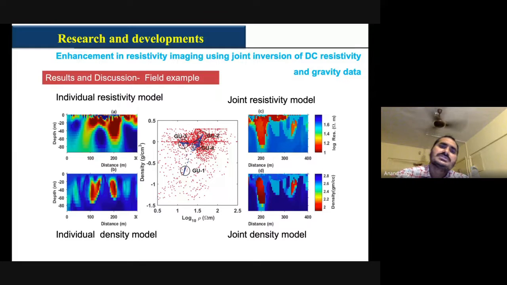Now, we plotted what could be the possible relation between resistivity and density. So with machine learning, the red dots you are seeing are the result of individual, single inversion. There is no particular relation, but this is the clustered relation which machine learning drew for us. One of the assumptions is that these clusters are circular clusters.